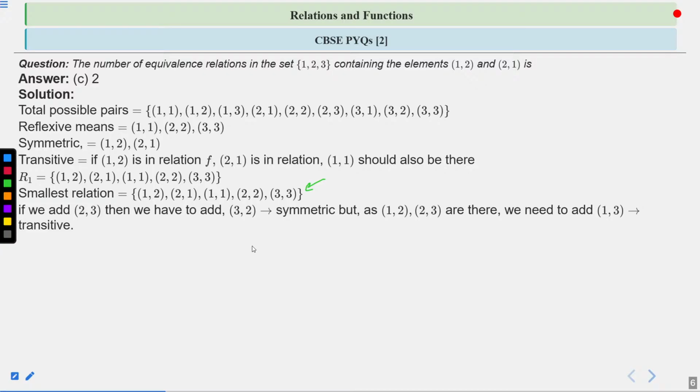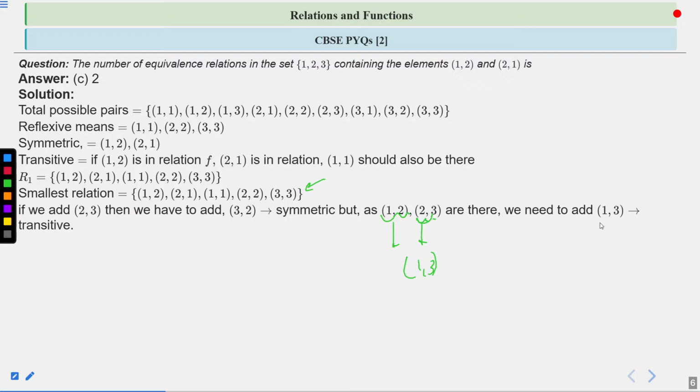Got it? But (1,2) and (2,3) are there, right? If we add (2,3), then (1,2) was already there. Now for this to become transitive, (1,2) is there, (2,3) is there, then (1,3) must be there. So we need to add (1,3).